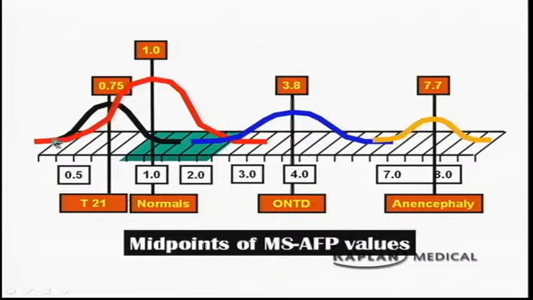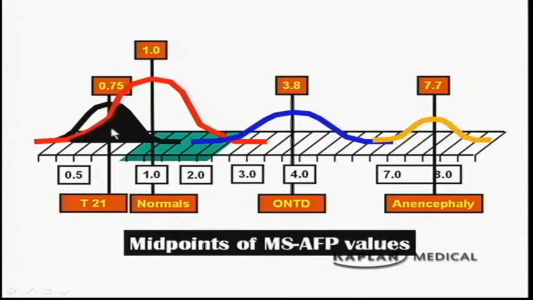Now, is there any overlap between the black curve and the red curve? And the answer is yes. Most of this is overlap. And when you look at the numbers, the low AFP will pick up only 25% of trisomy 21 babies.